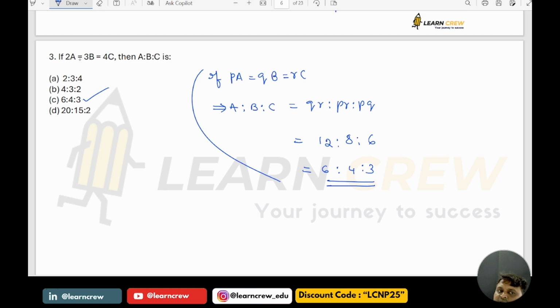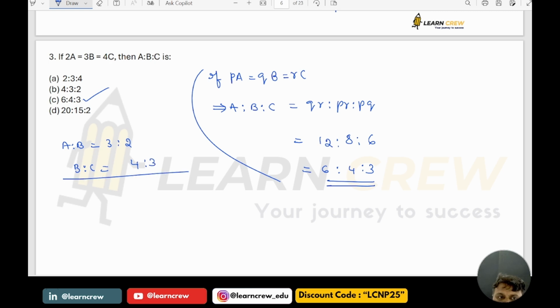How is it obtained? See, A by B is 3 by 2. A is to B is 3 is to 2. And what is B is to C? B by C is nothing but 4 is to 3.